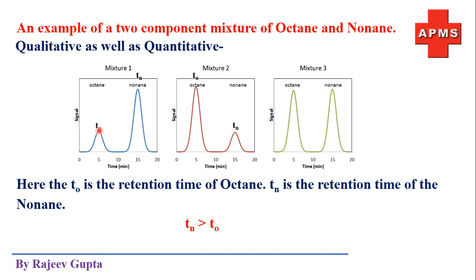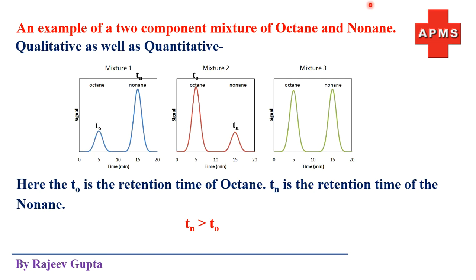This T_O is the retention time of octane. And after this we get the retention time, that is 15 minutes for nonane, that is T_N, N for nonane. T_N is the retention time of nonane, and T_O is the retention time of octane.